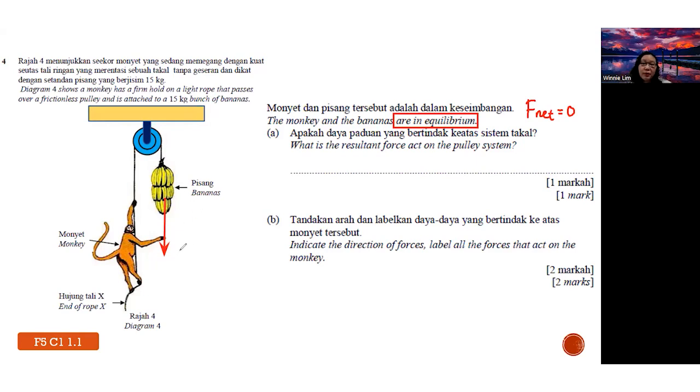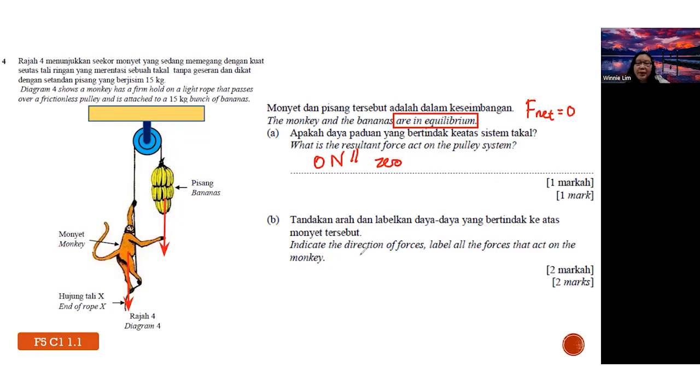If you were to find the weight, you will use W equals to mg. Okay, they will be equivalent to the weight of the monkey as well. So these are the two given forces that act on the system. Okay, so what is the resultant force? You can write 0 Newton like this, or you can write in words 0.